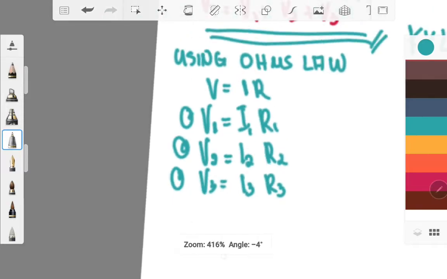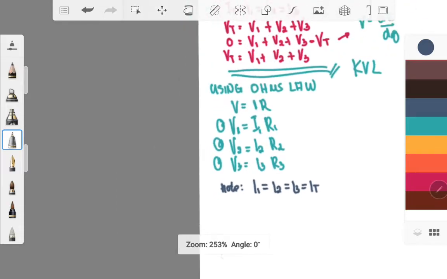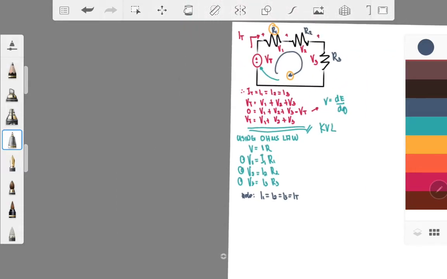But take note that your I1 is equal to your I2, which is also equal to your I3, which is equal to your I total. Right? Tama ba guys?